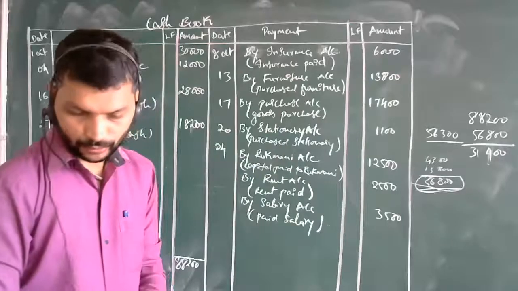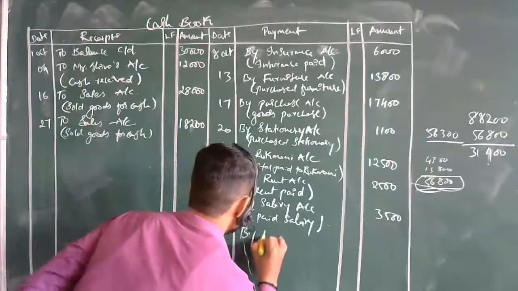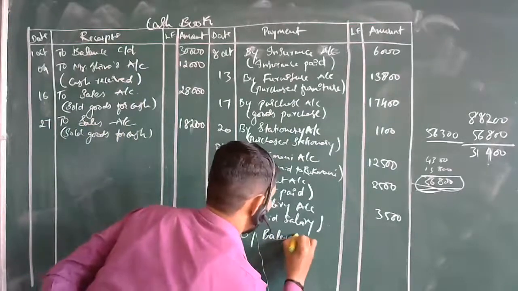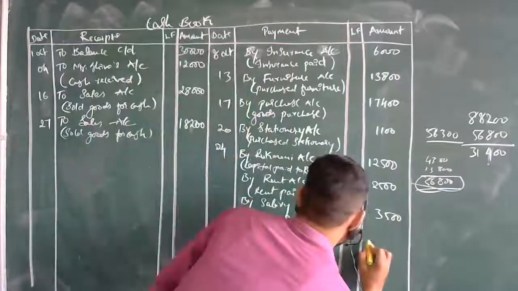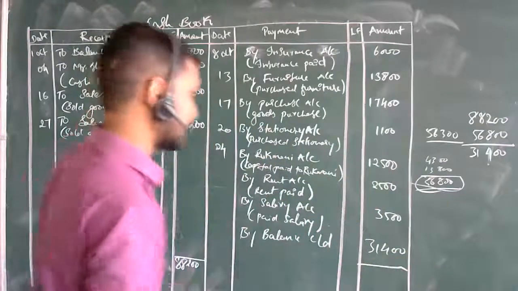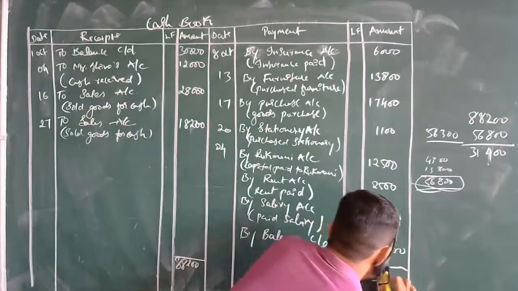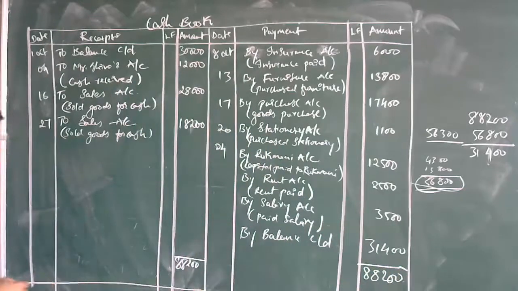What we are going to make over here is by balance carried down. Balance carried down means further we are going to carry 31,400. So both sides tally over here, 88,200. Then downside, are you all able to see this?